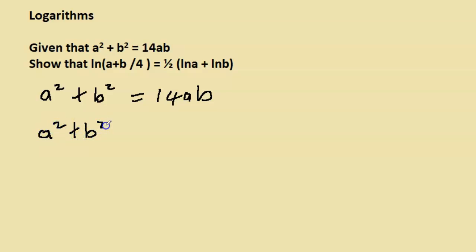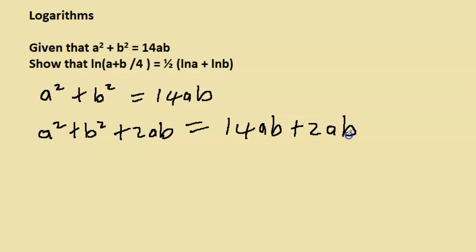So we add 2ab to the left hand side, and we add 2ab to the right hand side. So here, the left hand side is the perfect square, a plus b all squared, and on the right hand side, this is 16ab.